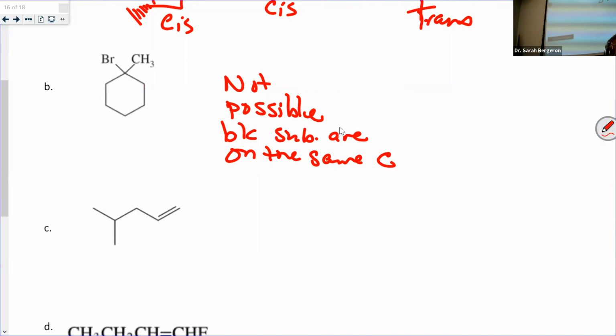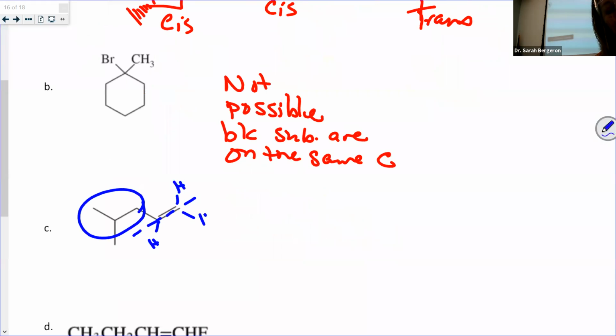Okay, how about this one? This isn't a ring anymore. What is this? A double bond. So you draw your imaginary line through the double bond and you look what's attached above and below the line. Well, really, you have a hydrogen here and a hydrogen here and a hydrogen here attached to these carbons.